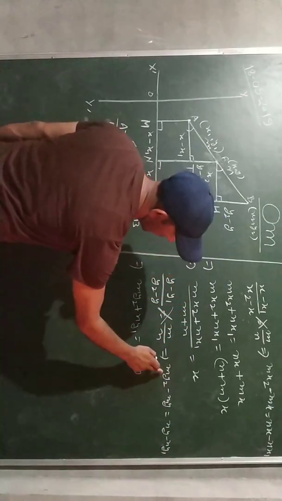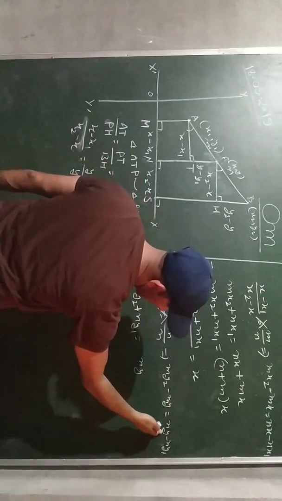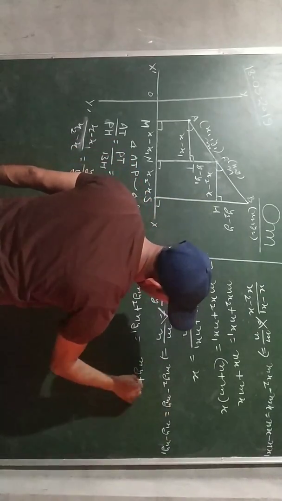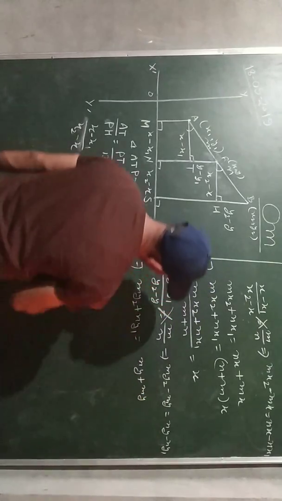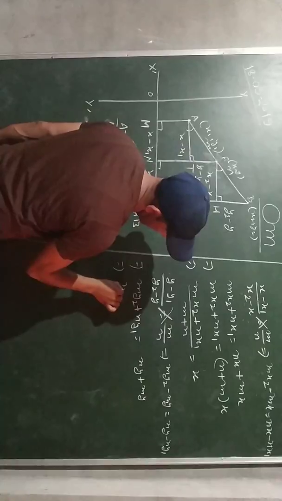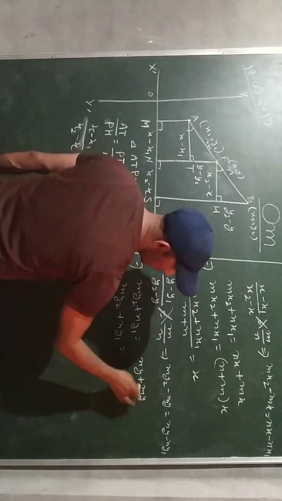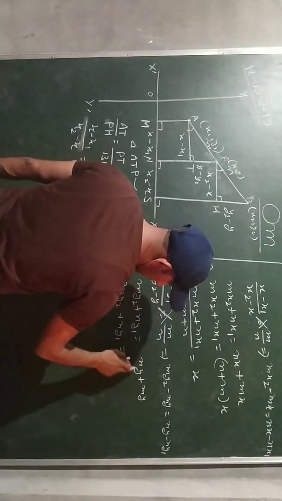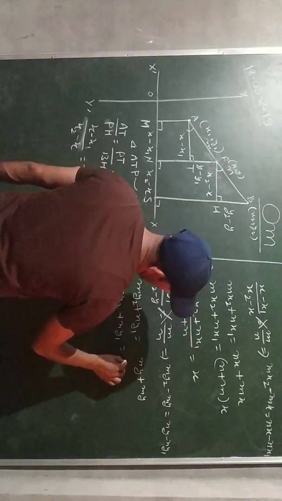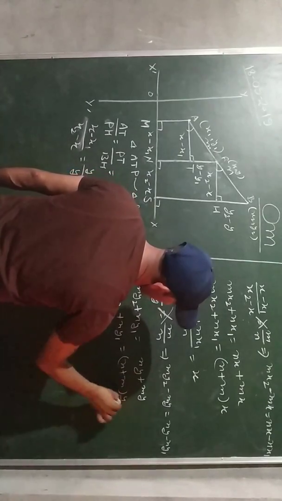Now m y2 plus n y1 will be equal to n y plus m y. Taking y common from both, m y2 plus n y1 is equal to (n plus m) into y.